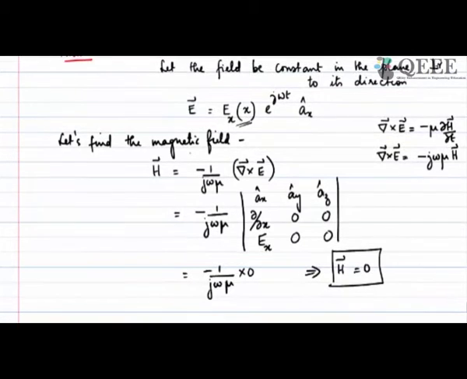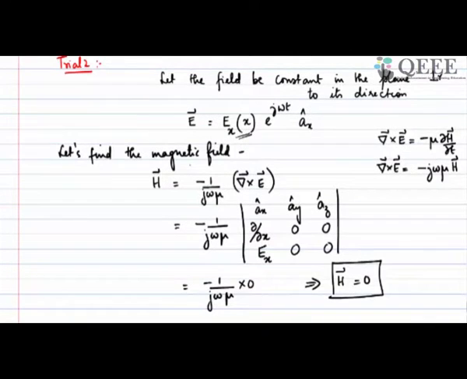What if magnetic field is 0? Can magnetic field be 0 if I have a time varying electric field? Actually not. I cannot have magnetic field 0 because a time varying electric field is always associated with a magnetic field and a time varying magnetic field is always associated with an electric field. You will be violating Ampere's law and Faraday's law if you don't have this condition satisfied.